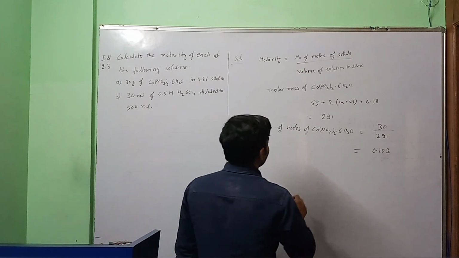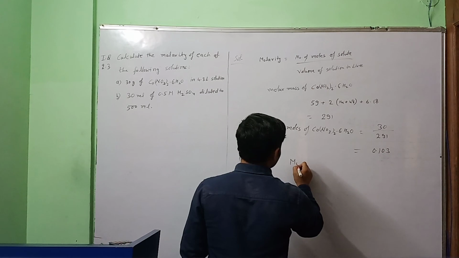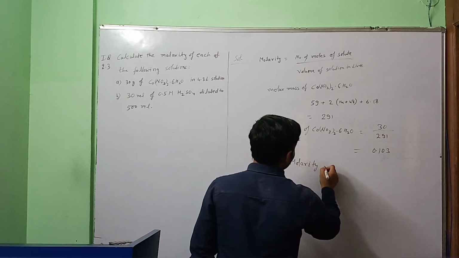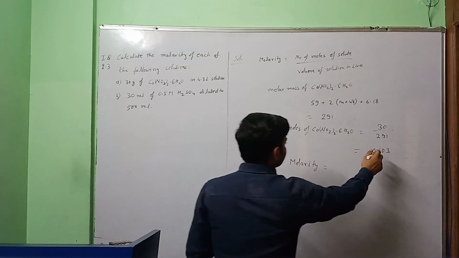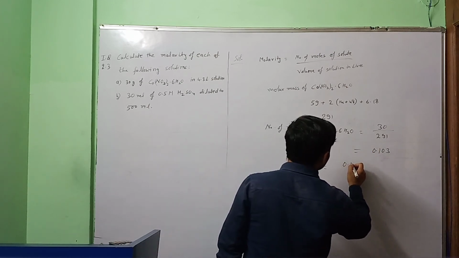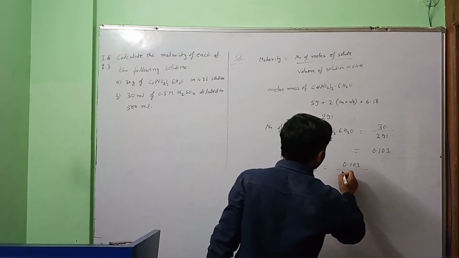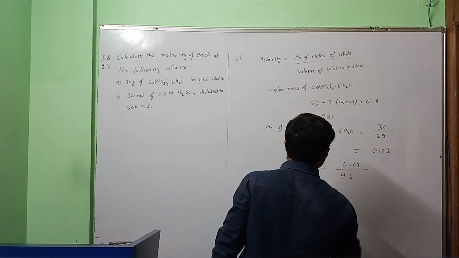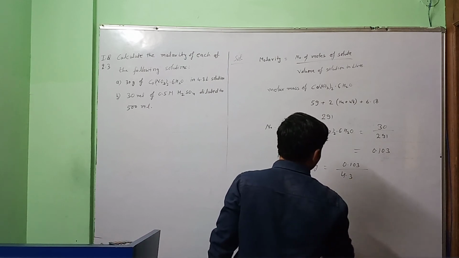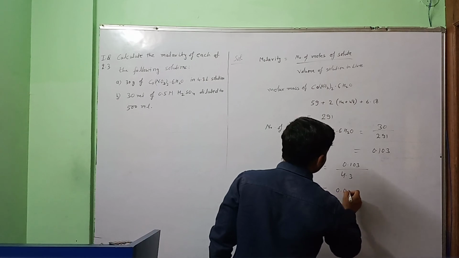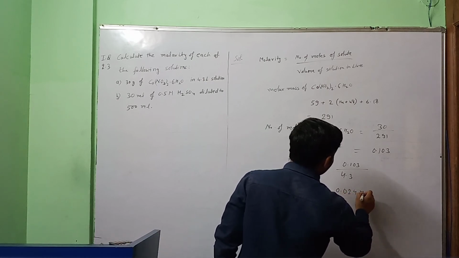Now molarity is equal to the number of moles, which is 0.103, upon the volume of solution, which is 4.3 liters. So the molarity of the solution will come as 0.024 M.